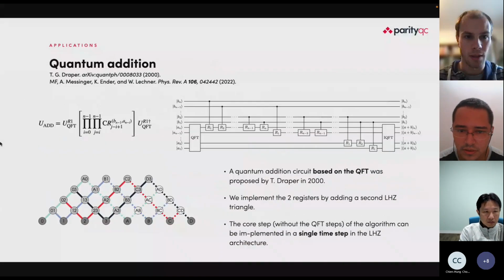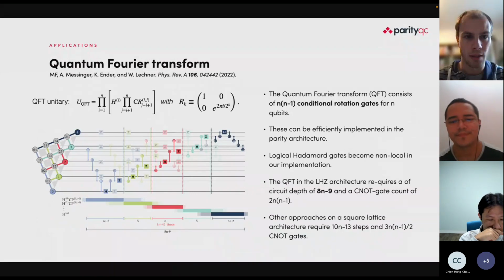I said for the quantum addition, we can implement this part in the middle here in a single time step. But this part in the middle does not contain any Hadamard gates. And the difficult thing in the LHZ here are the Hadamard gates because they are non-diagonal.